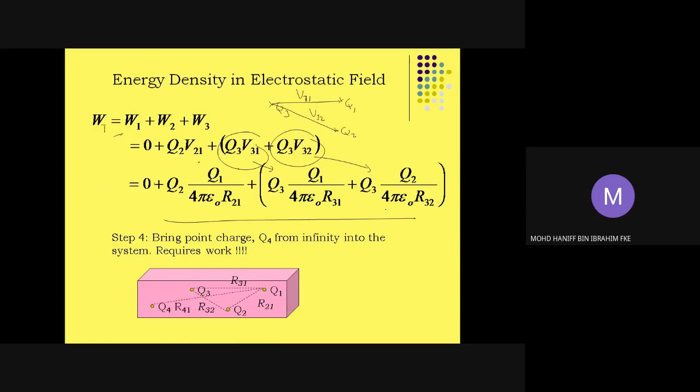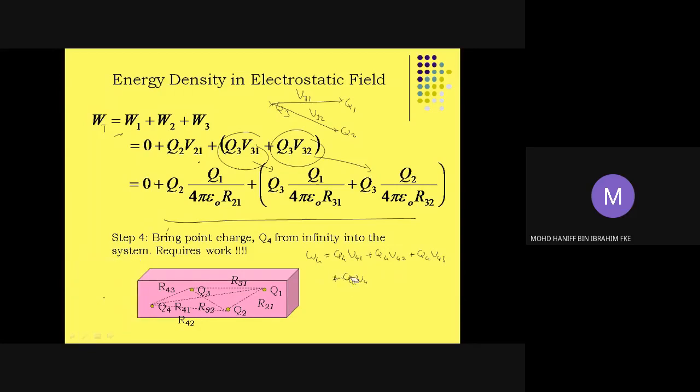If we look carefully at this case, the work done in positioning the charge Q4 will consider the potential due to three charges: the potential at Q4 due to Q3, due to Q1, and due to Q2. So we can write W4 as Q4 times the potential at Q4 due to Q1, plus the potential at Q4 due to Q2, plus the potential at Q4 due to Q3. Sorry, up to this level only.